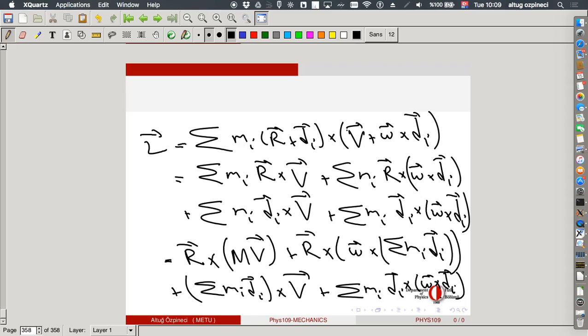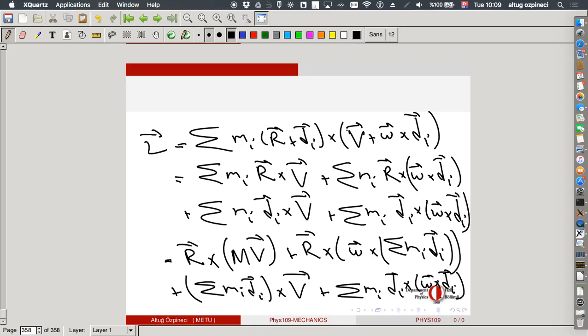Now if you look at this last term, omega cross di is the velocity of my object relative to the rotation axis. So m times that velocity we can identify as the momentum of my object relative to the rotation axis. di is the position relative to my rotation axis. So this combination over here is nothing but the angular momentum relative to the rotation axis.